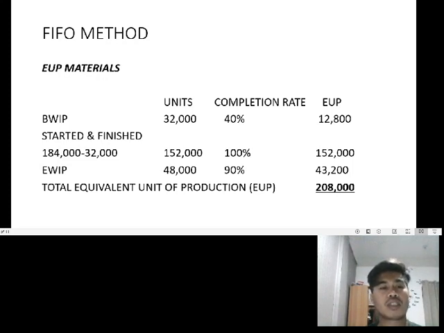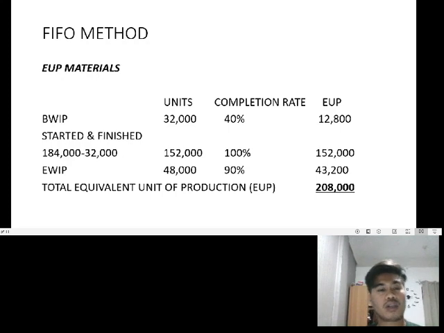Started and finished, kasi sabi natin natapos daw is 184,000. Pero sa 184,000, part of it is 32,000 para sa beginning work in process. So therefore, yung started and finished units mo for the current month is 152,000 units lang. It is completed, so 100% ang completion rate niya.